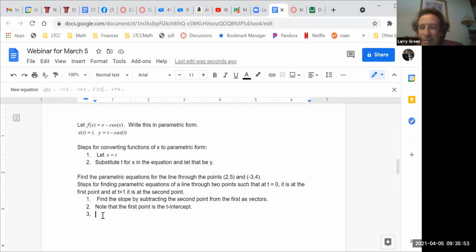Now it's going to be your vector equals m times a vector, so m times t plus your b as a vector. So when I do the example, you'll see it. So write it as a form.